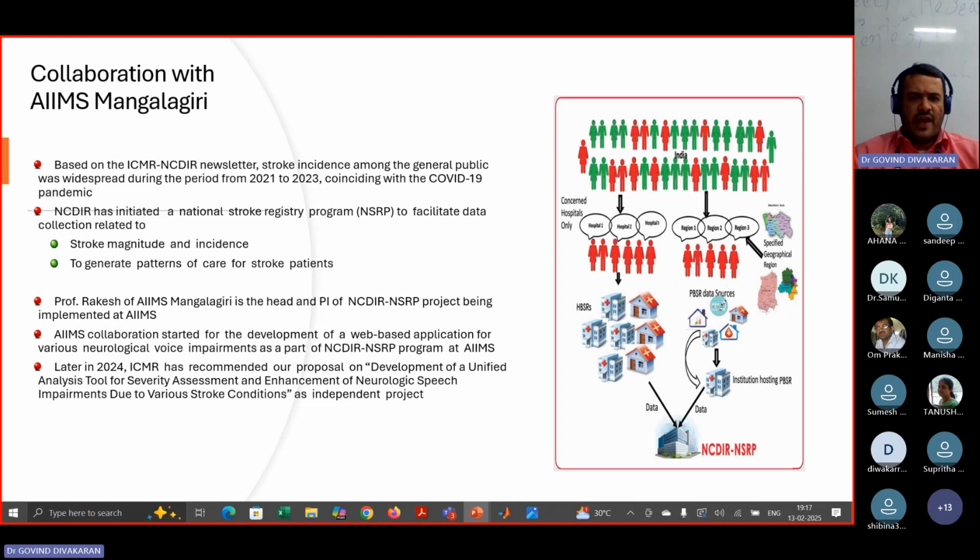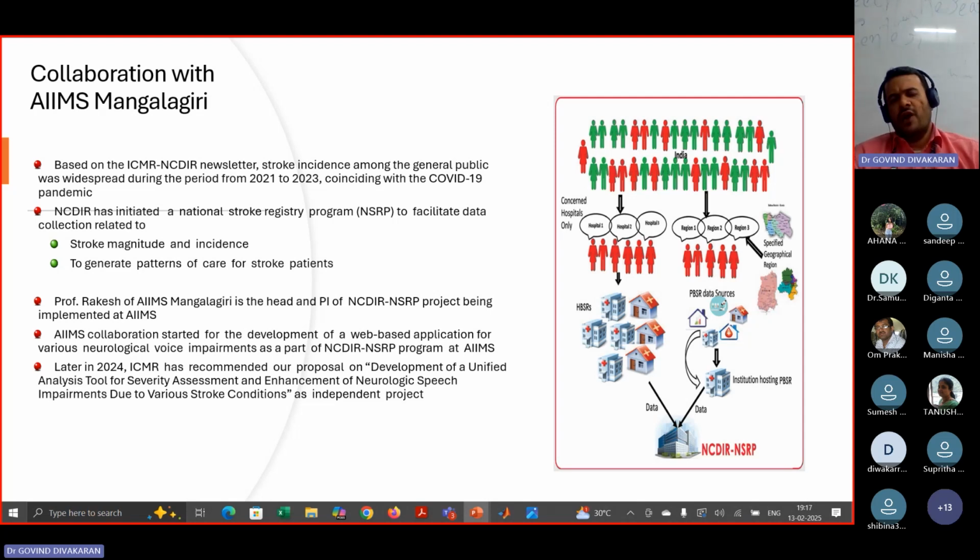As a result, based on the prevalence of this particular condition, the ICMR, especially the NCDIR division of ICMR, NCDIR meaning their data collection division, National Council for Data Information Retrieval, started a new program, the stroke registry program.